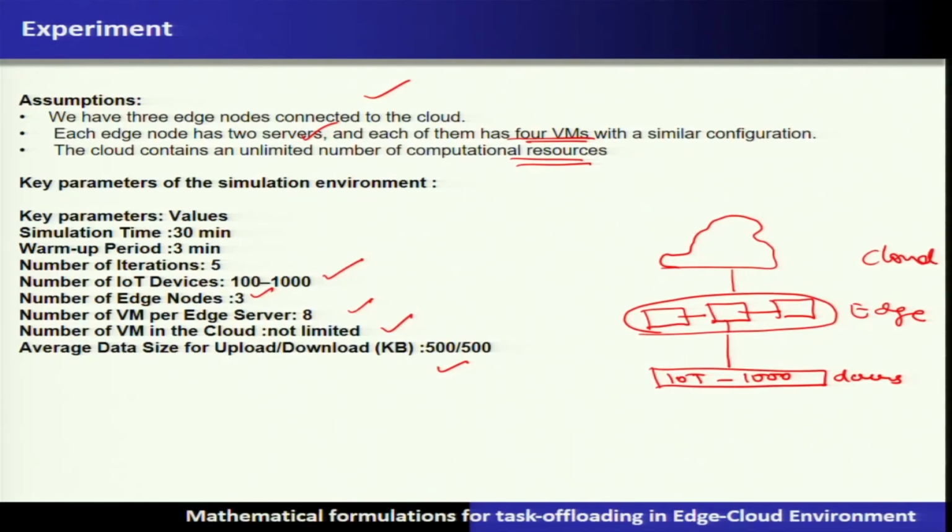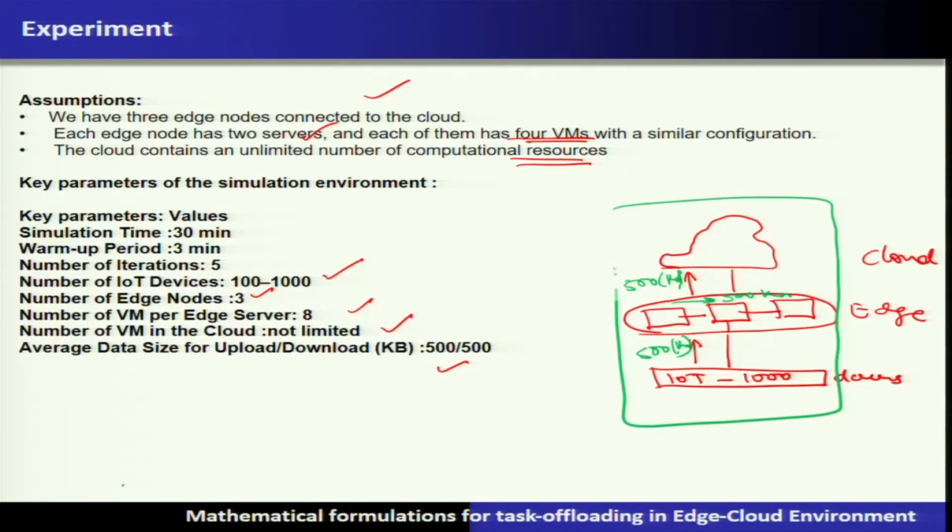Now, the data size of offloading, that is the offloading of the task where the communication is happening, is assumed to be 500 kilobytes. This is 1 unit. Here we are also considering that the communication between the edge nodes is also in the range of 500 kilobytes. This architecture is used to simulate using different servers.